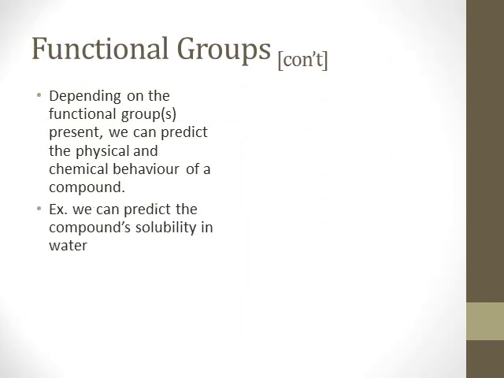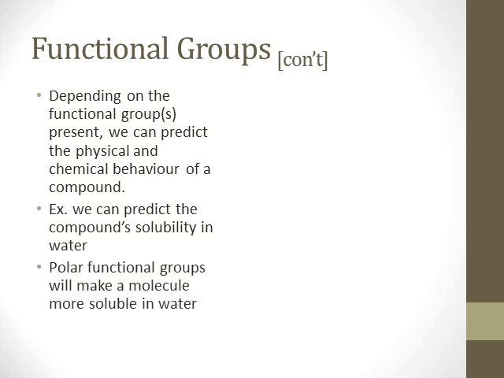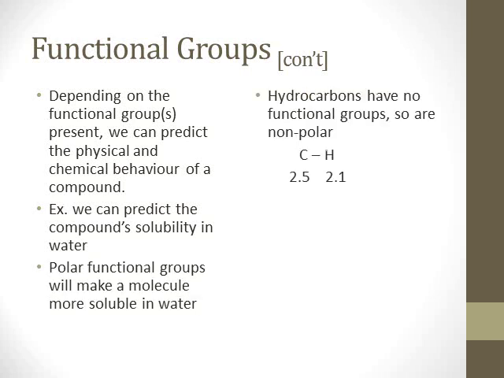So again, depending on that particular group, we can predict what might happen if it is attached to a carbon chain. So the example that I've got here is a group that we call the hydroxyl group, which we'll be looking at in a few minutes, and we're going to add that to some carbon and hydrogen.